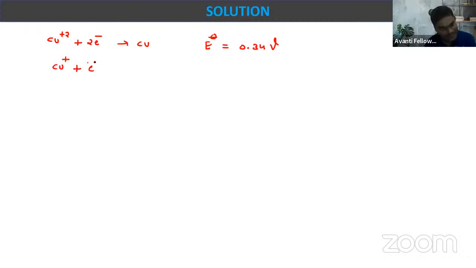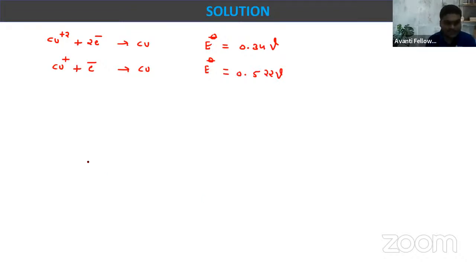We know this very simple thing. When Cu2+ accepts 2 electrons, it converts into copper, and the E naught value is given as 0.34 volt. Clear? On a similar basis, when Cu+ accepts 1 electron, it also converts into solid copper, and the E naught value is 0.522 volt.